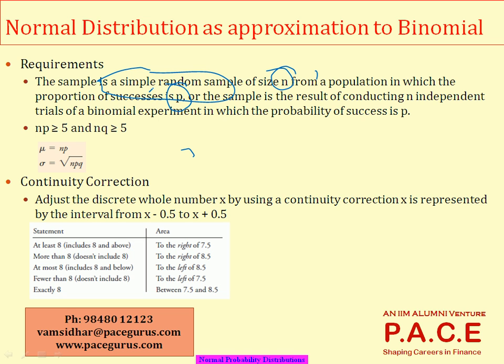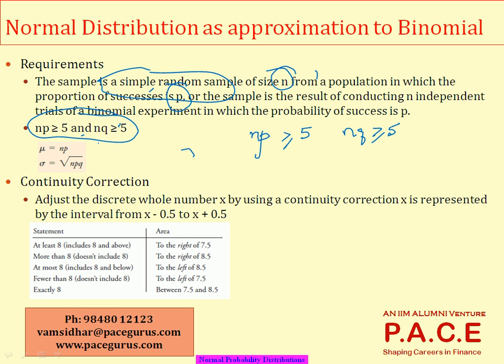All those things do satisfy, and along with that, the np, which is the mean, is at least 5 and nq is also at least 5. Both np and nq are at least 5. Then I can very well approximate a binomial distribution to a normal distribution.